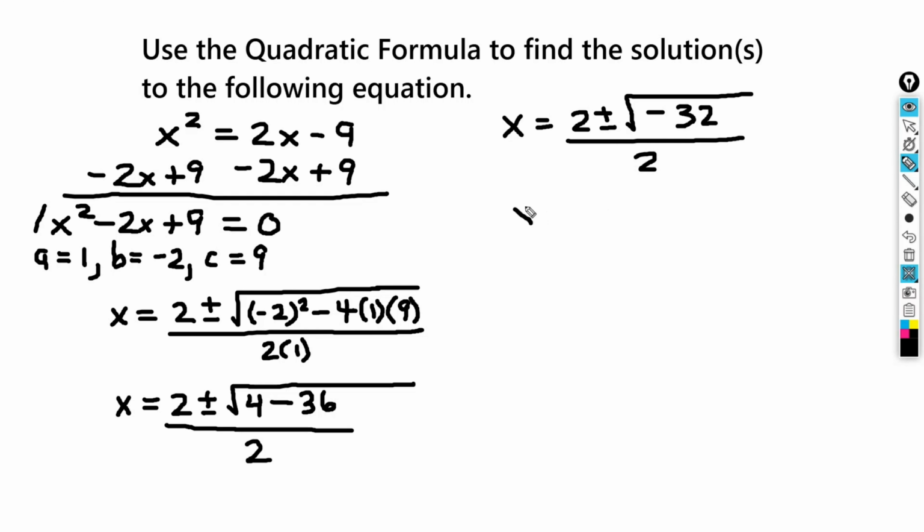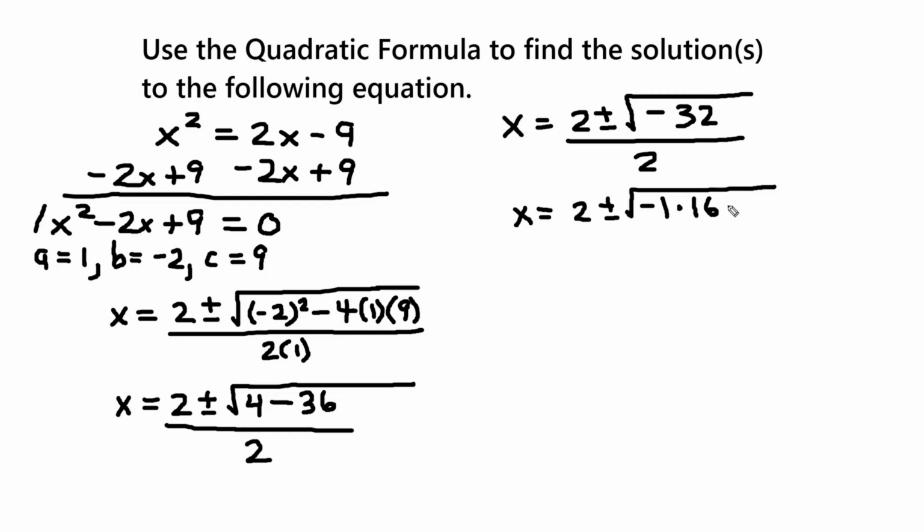So I can say x equals 2 plus or minus, and then we can break this apart to the square root of -1 times 16 times 2.